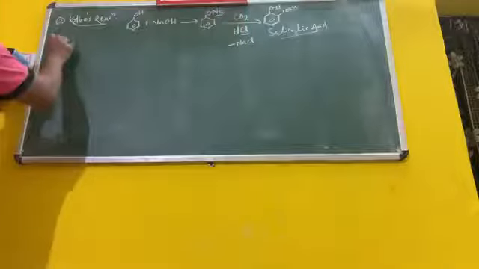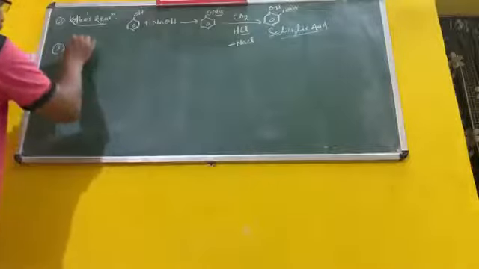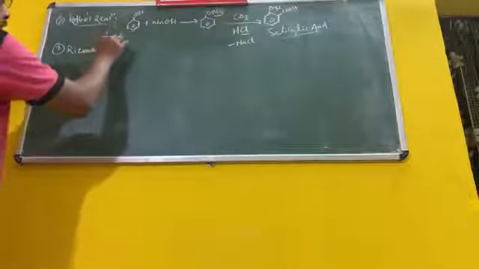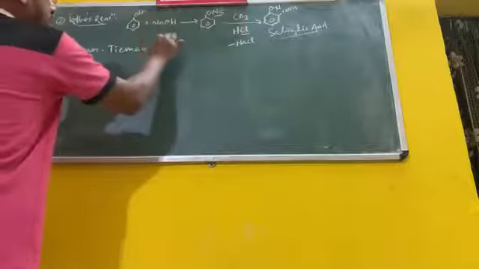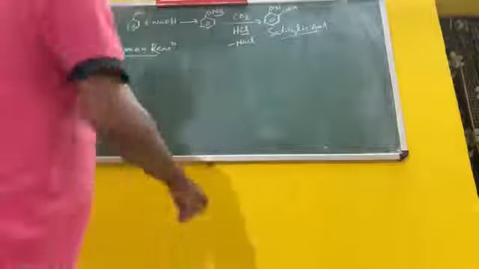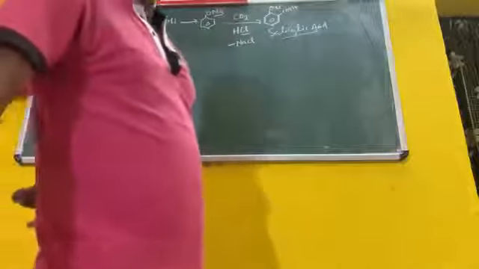Then the third one is the Reimer-Tiemann reaction. In the Reimer-Tiemann reaction, phenol is again treated with chloroform, starting with sodium hydroxide.